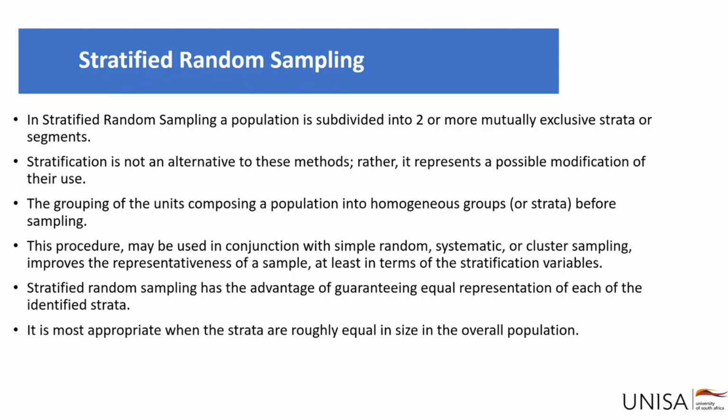So stratification is not an alternative to this method. Rather, it represents a possible modification of their use. When you stratify, basically you're looking at strata. Like every community, every population has strata. They are not the same. So you look at all those different strata. It is the grouping of the units composing a population into homogeneous groups, or what you call strata, before sampling.